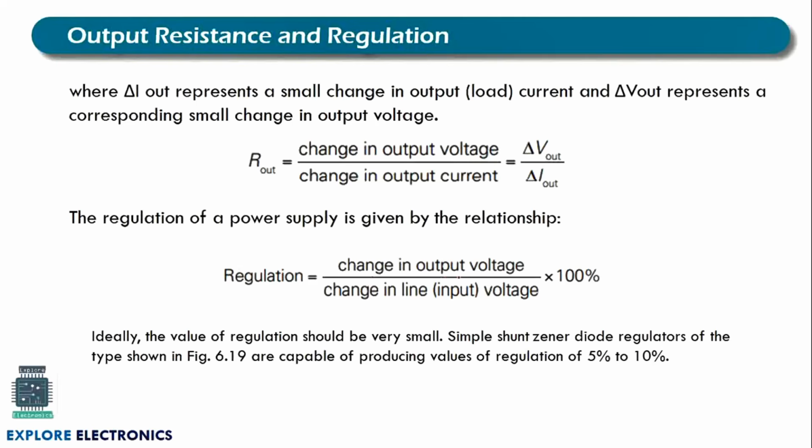Regulation is equal to change in output voltage divided by change in input voltage into 100. Ideally, any Zener diode voltage regulator will have a regulation of 5% to 10%. The lower the regulation percentage, the better the regulator.